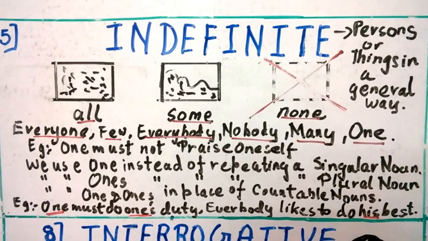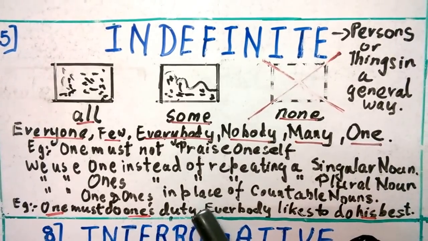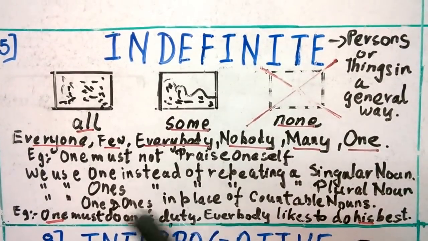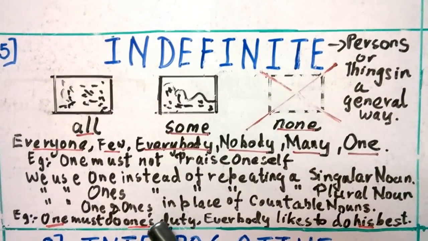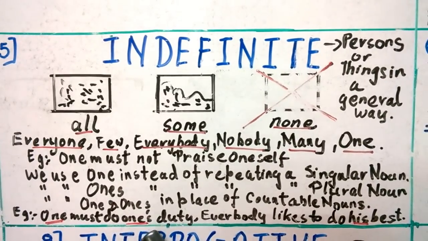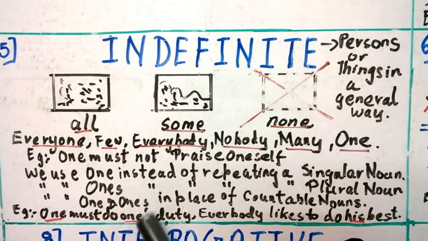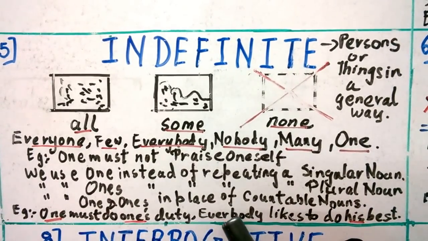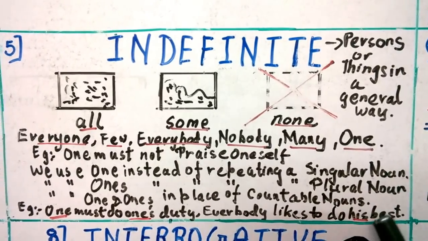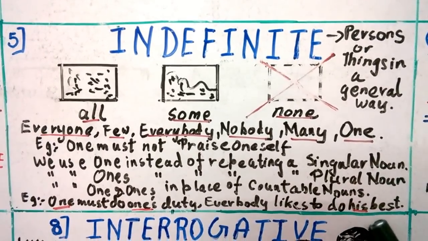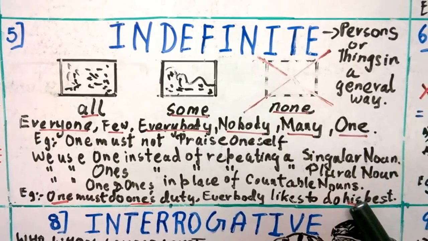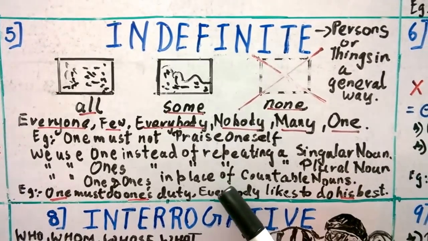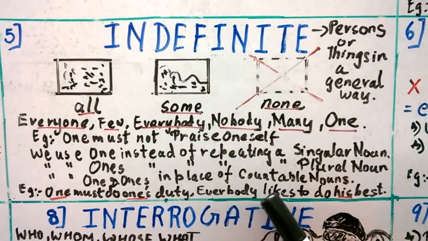For example, I have written, one must do one's duty. So always remember, in indefinite pronoun, when one is repeatedly used in a sentence, we have to repeat it again. So you say, one must do one's duty. For next example, you say, everybody likes to do his best. So in the indefinite pronoun, we use a singular masculine gender with an indefinite pronoun, which is everybody.